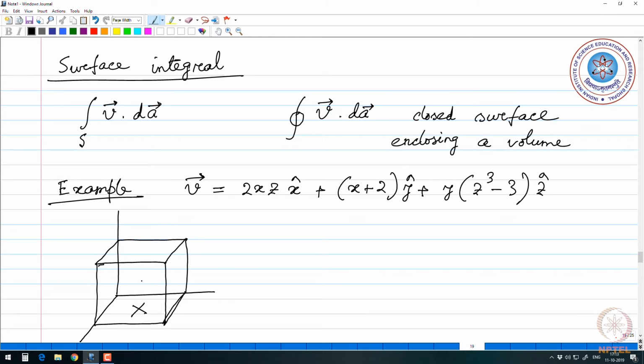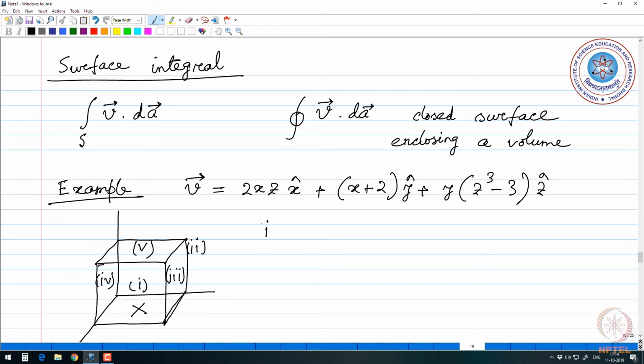The front surface is 1, the backward surface is 2, right hand side is 3, left hand side is 4, the top one is 5. And let's perform this integral over different surfaces.